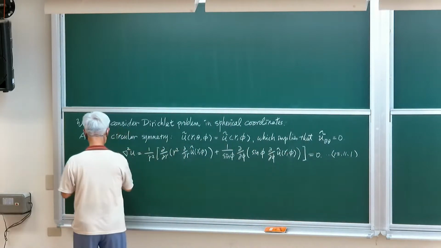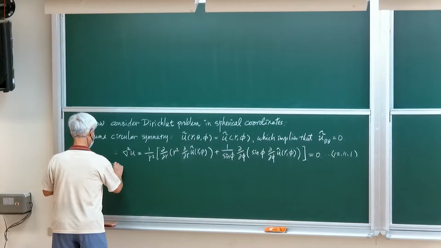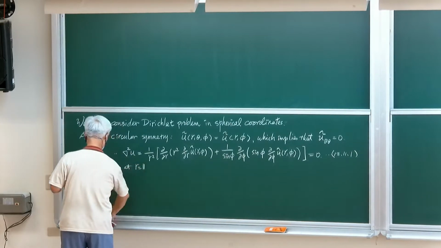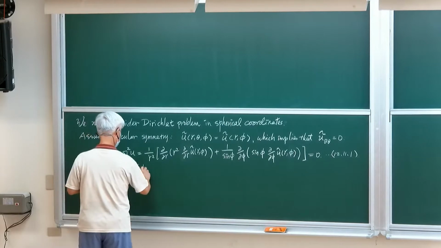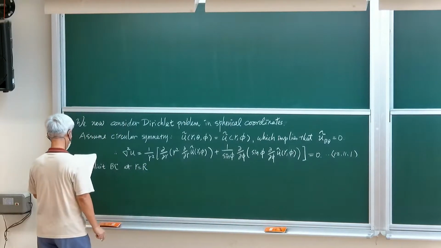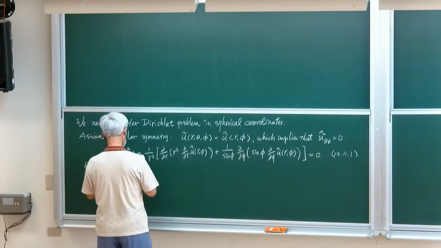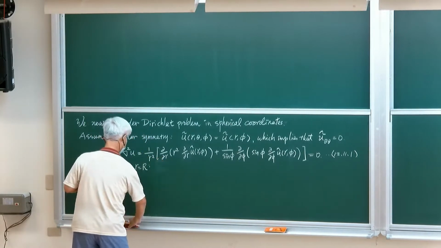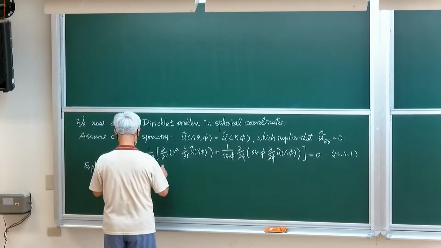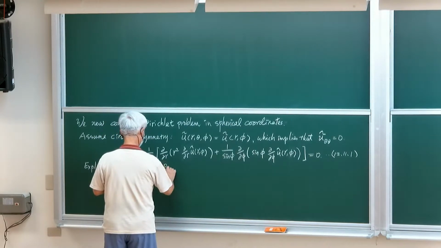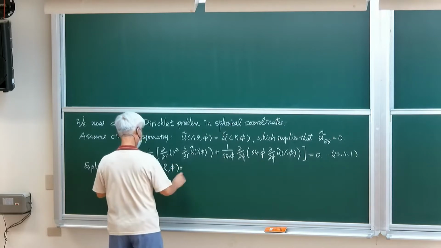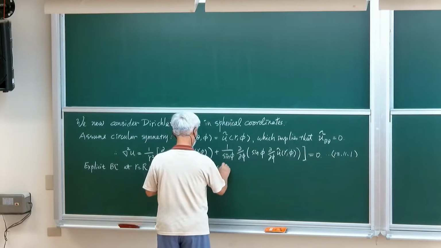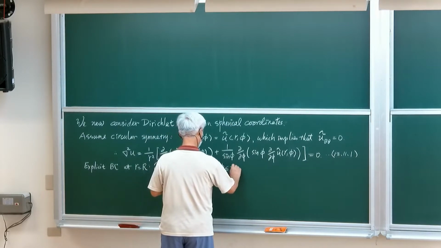And we have an explicit boundary condition at r equal to some big R, which is described by U tilde of R and phi is equal to f of phi.